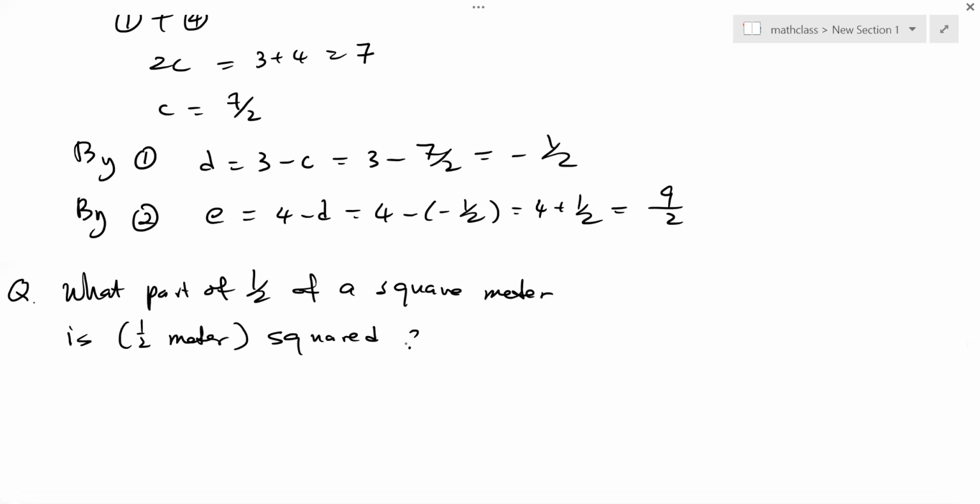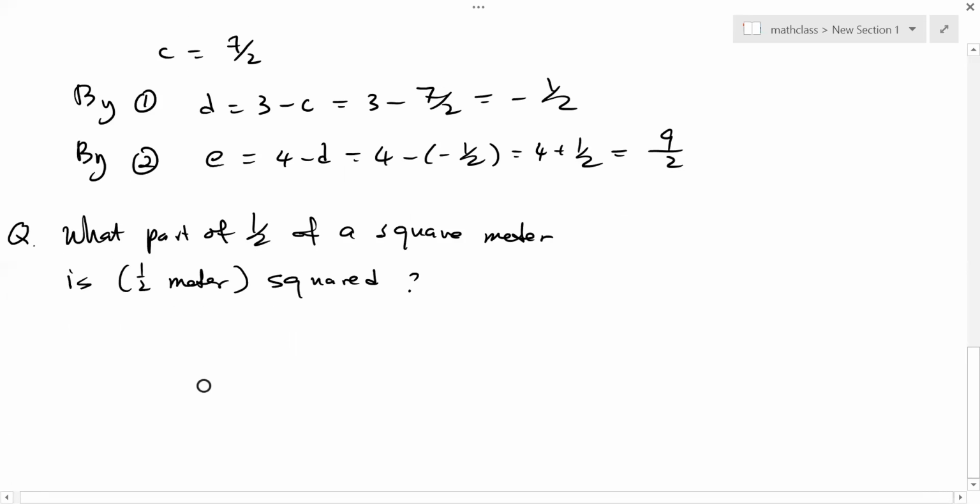Okay, you need to just understand the sentence. Okay. So what part means you compare the two numbers. Okay. What part of 1/2 of a square meter? Half of a square meter is half meter squared. Right? So that means you have to compute those two numbers.